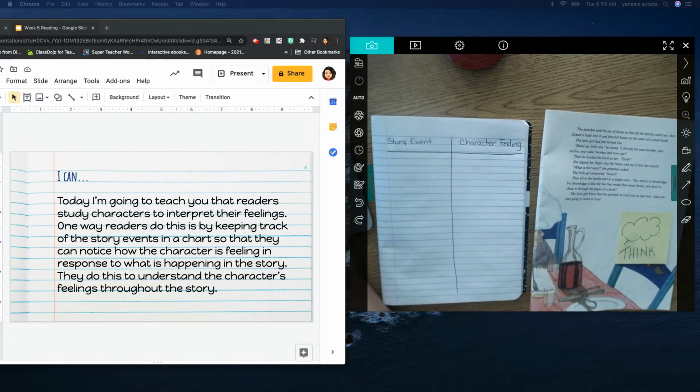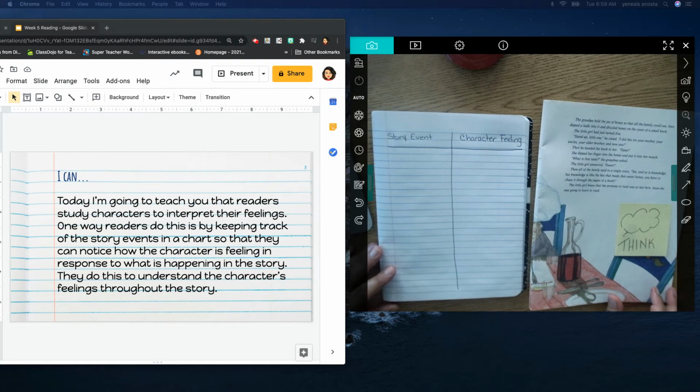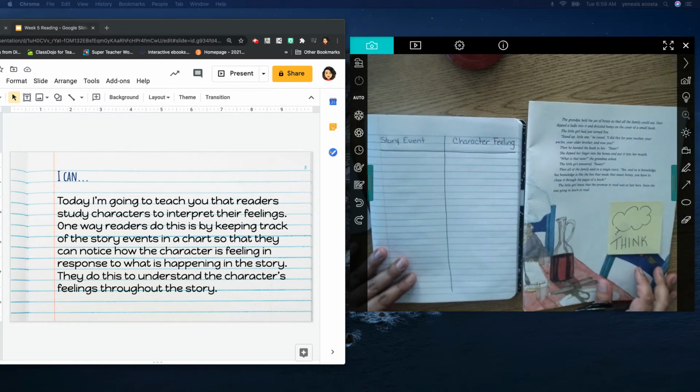And I'm noticing that in this part, I can see that the little girl is feeling excited and happy about the promise of knowing how to read.